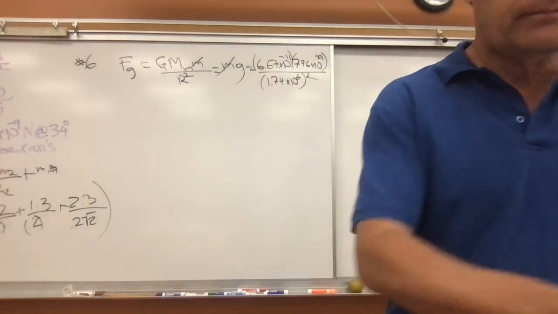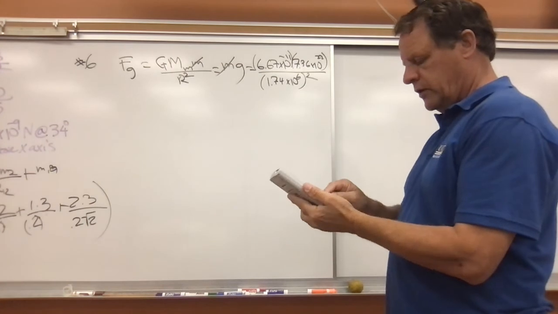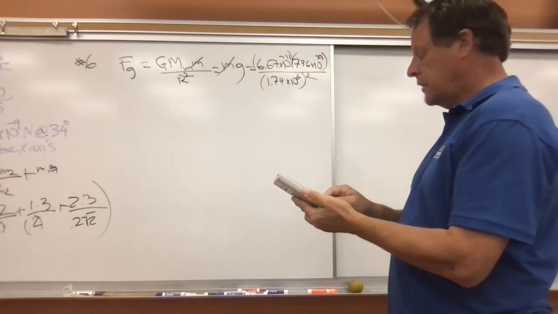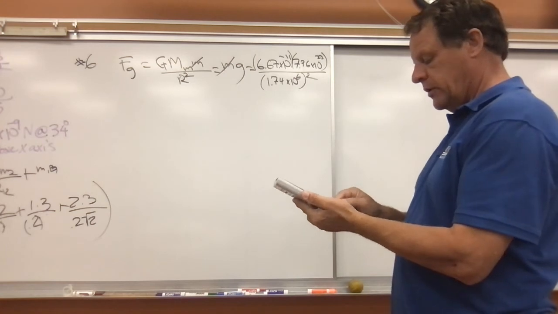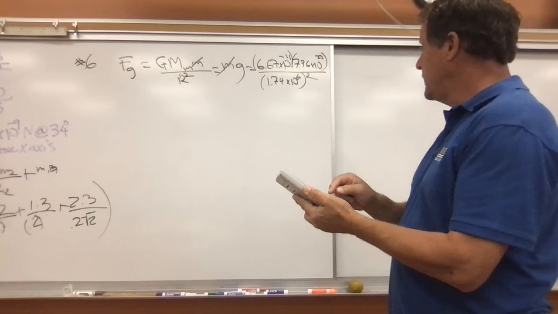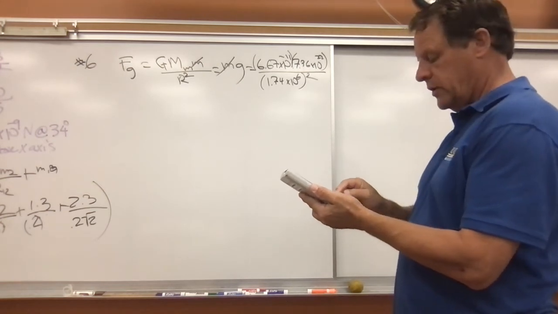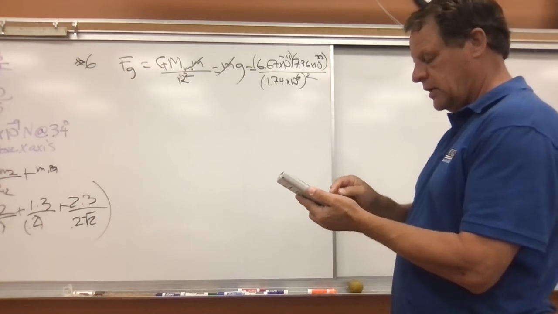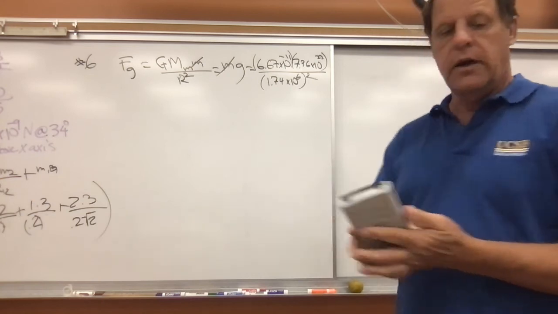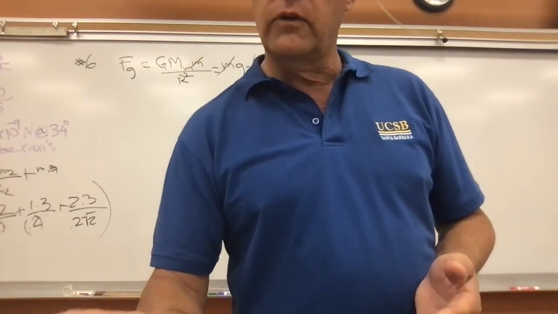Okay. So 6.67 times 10 to the negative 11th times 7.36 times 10 to the 22nd divided by 1.74 times 10 to the 6th squared. And we are at 1.62.